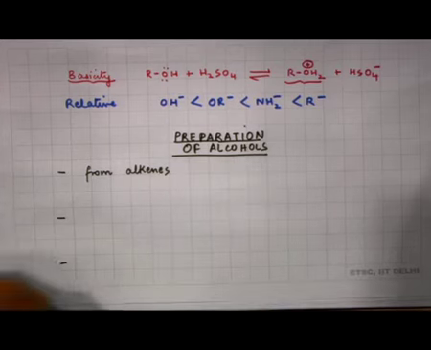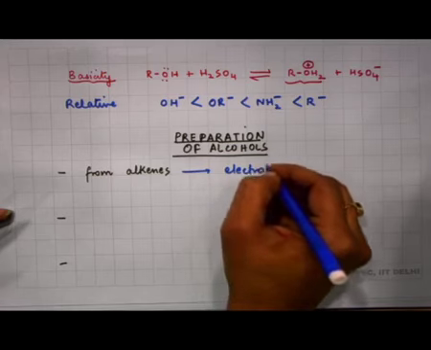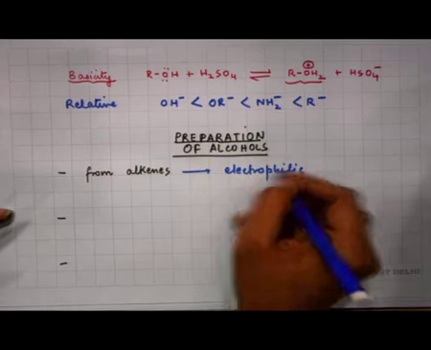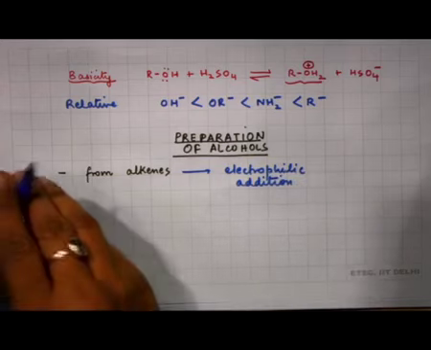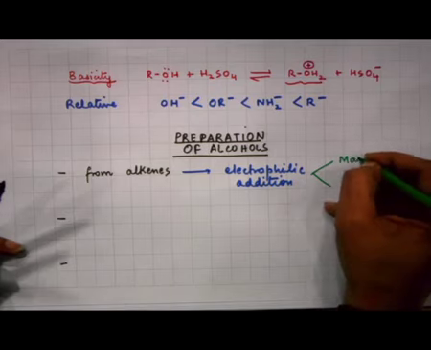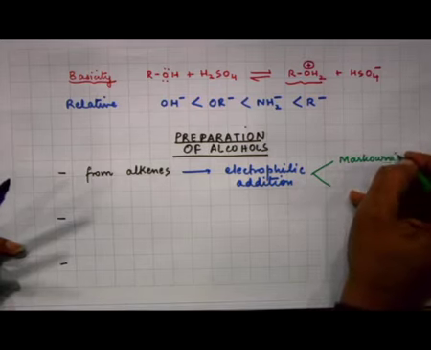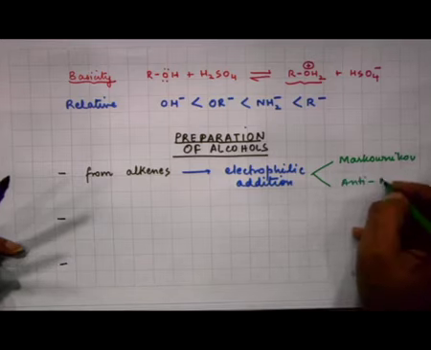We will discuss the preparation of alcohol starting from alkenes. The reaction on alkenes is the electrophilic addition reaction. Electrophilic addition on alkenes gives alcohols, and this could either follow a Markovnikov pathway or it could be an anti-Markovnikov addition.